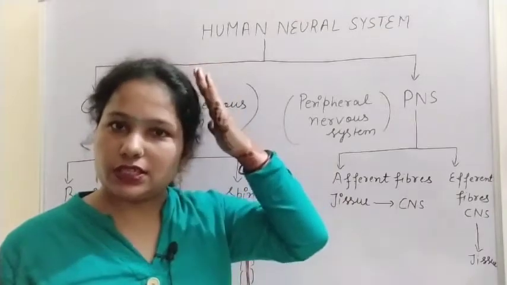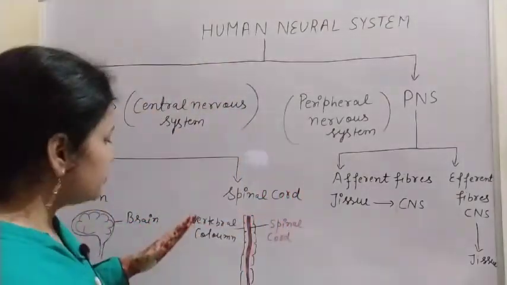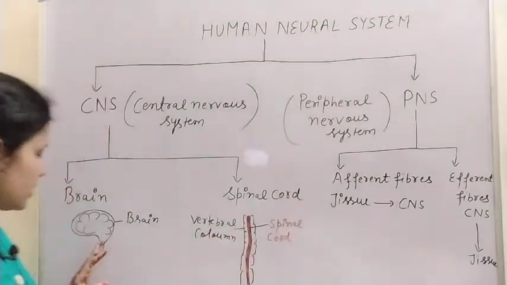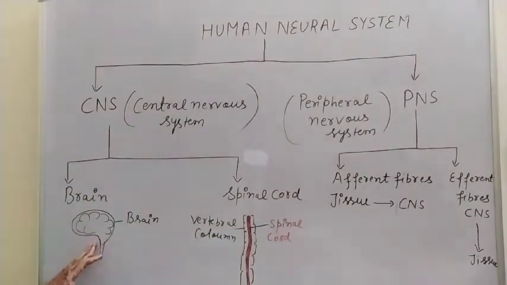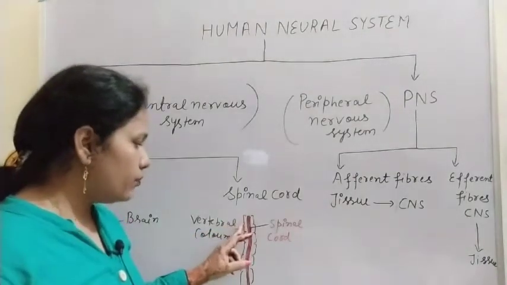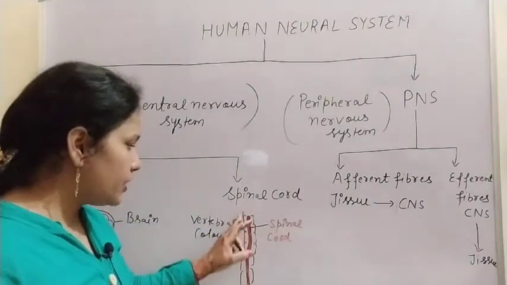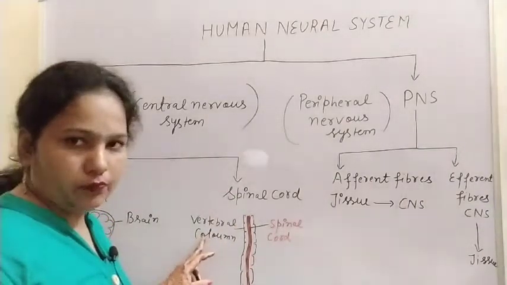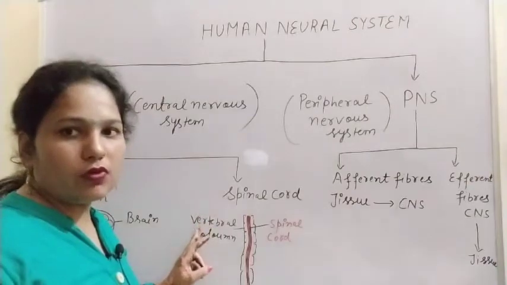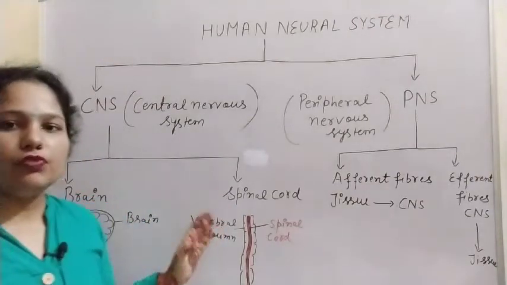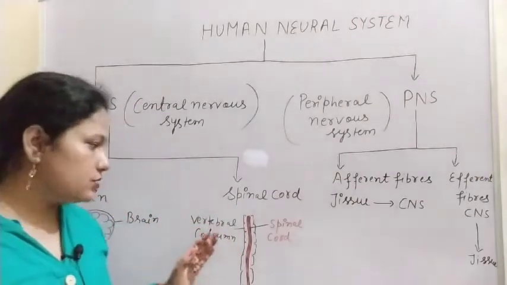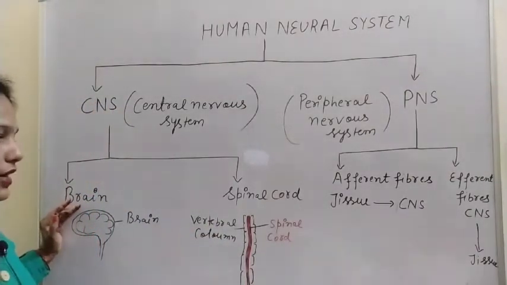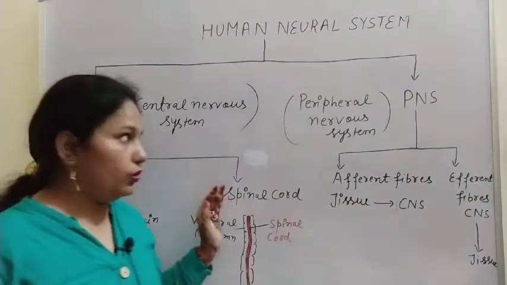The second is the spinal cord. It is the long tube arising from the brain, covered by rings of vertebrae, and these vertebrae join to form the vertebral column. Due to the presence of this vertebral column, human beings are known as vertebrates. So the central nervous system consists of brain and spinal cord.